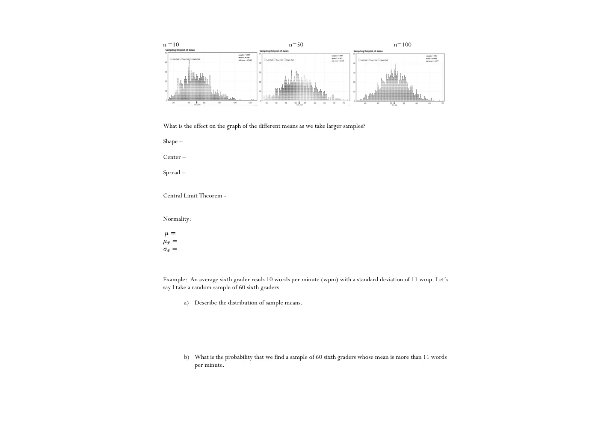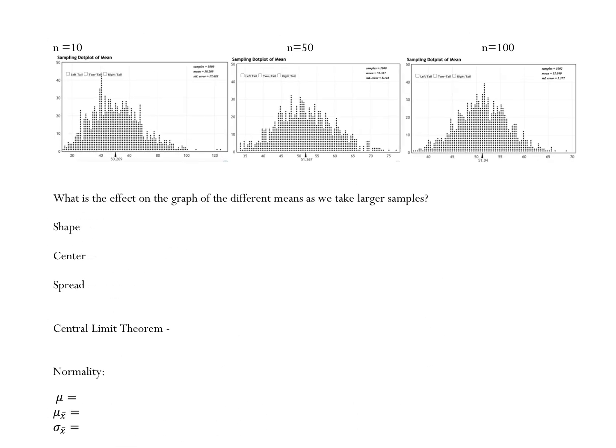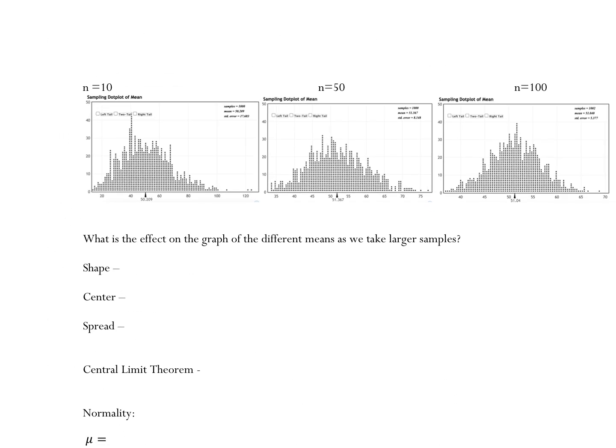So, these three graphs were done by taking samples from the same population. The only difference is these ones, the sample size was 10. These ones, the sample size was 50. These ones, the sample size was 100. Okay?